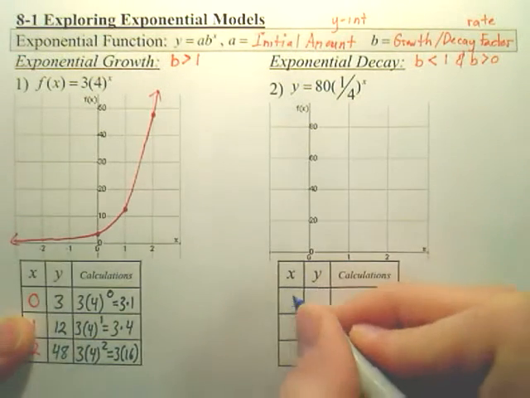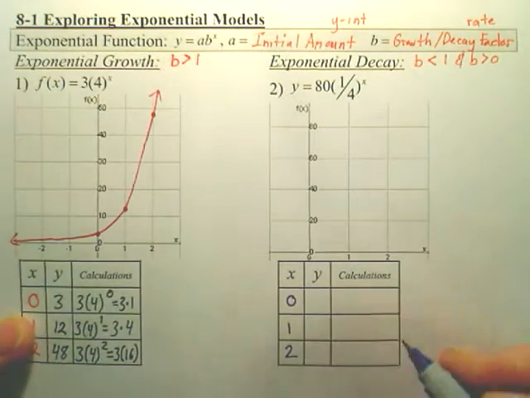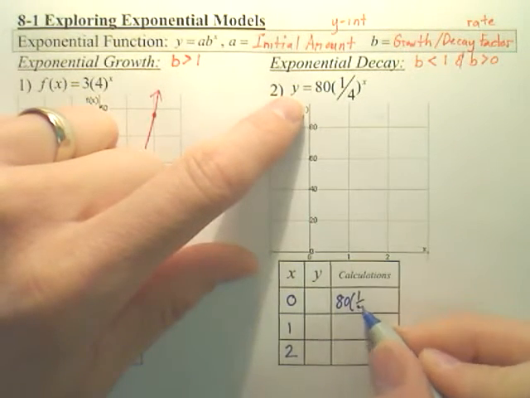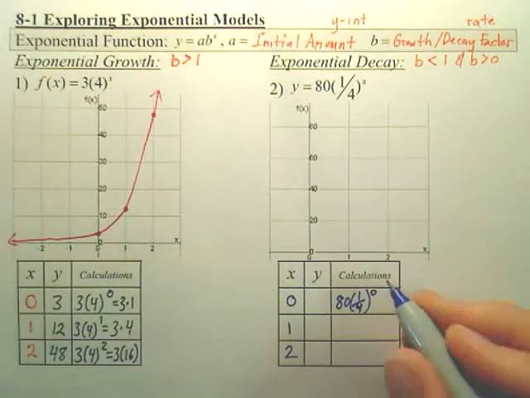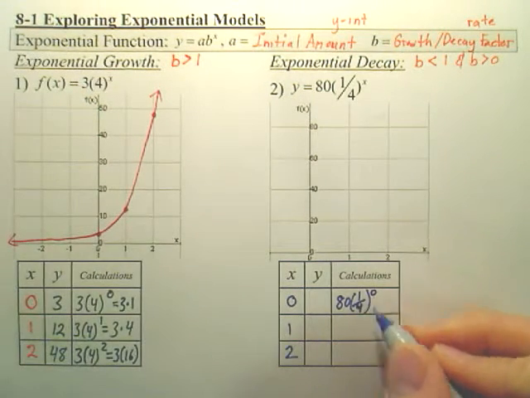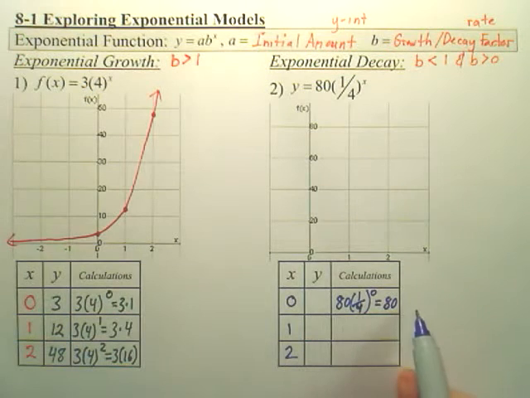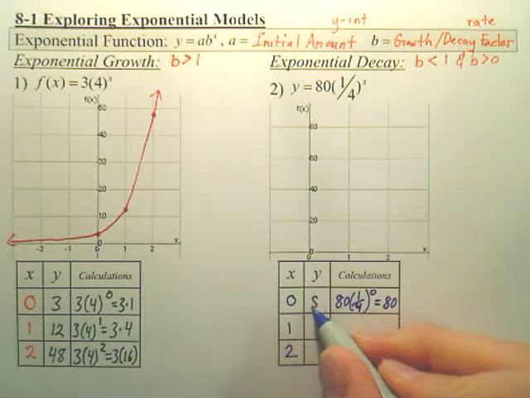Here's what I mean. We're going to plug in 0, 1, and 2. When you plug in 0, you got 80 times 1/4 to the 0. Now, what's 1/4 to the 0? That's 1. So that's simply 80.